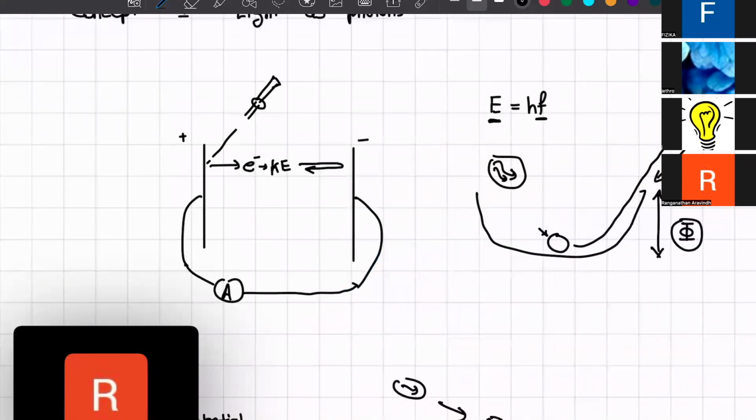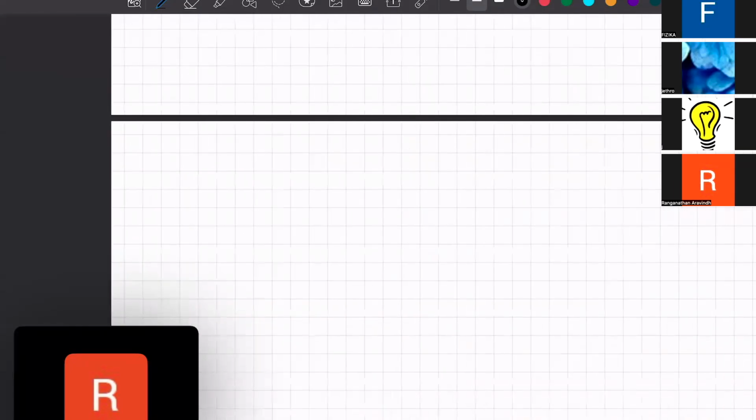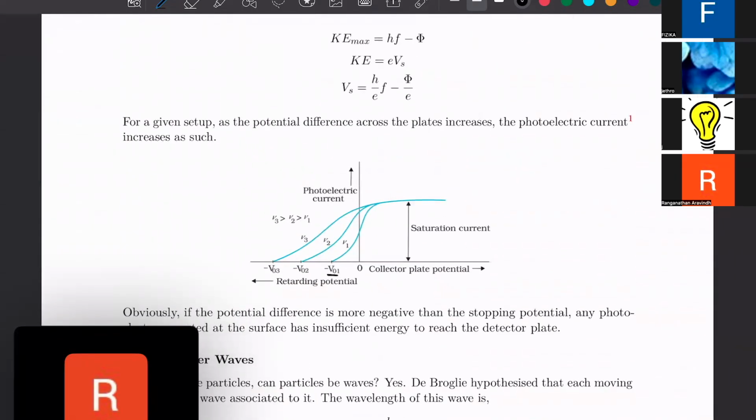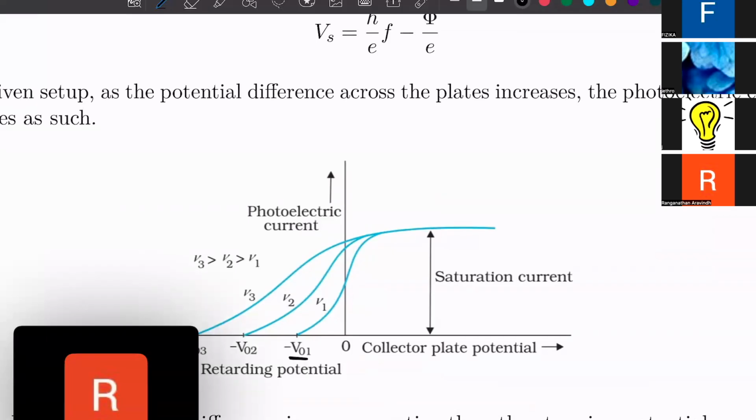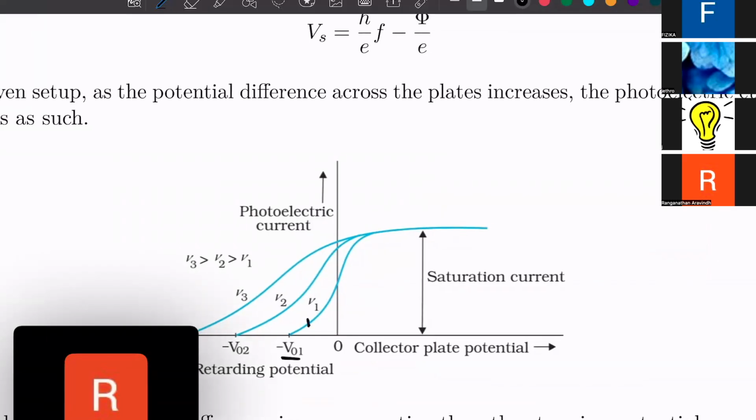So then obviously the photoelectric current is this current. And as I mentioned, if it's more negative than the stopping potential, there'll be no current. And if it's not as negative, you can imagine that some electrons do reach the other plate and there'll be some current.